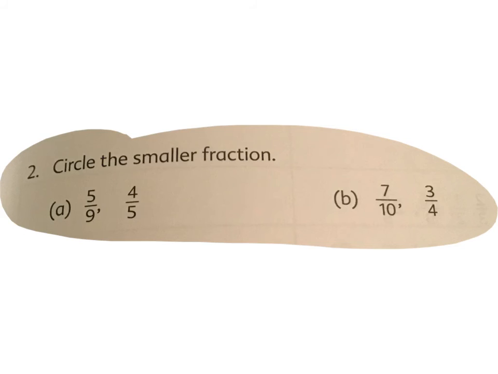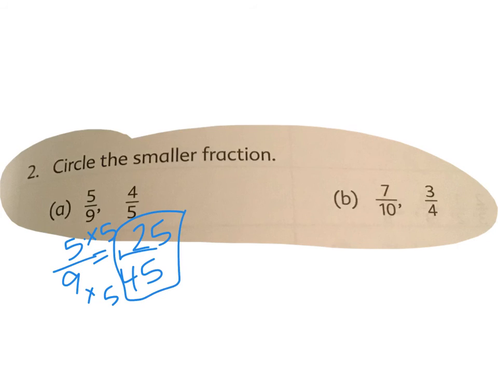All right, last one that you're going to do in your notebooks. What is the common denominator? 45. So 5/9 equals how many 45ths? What did I multiply by? 5. 5 times 5 is 25. 25 45ths. 4/5 equals how many 45ths?